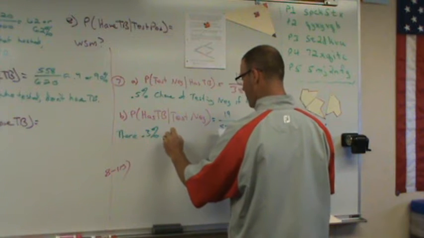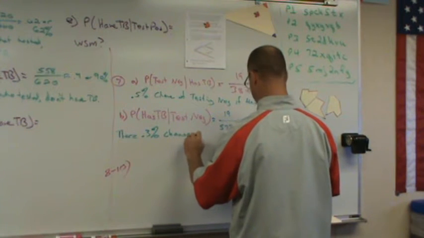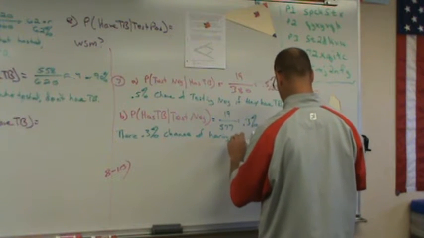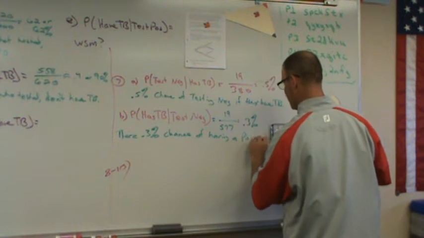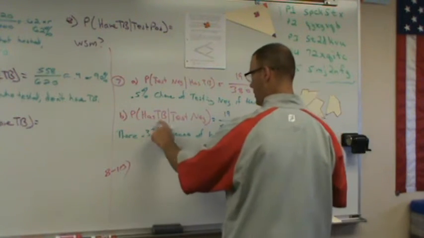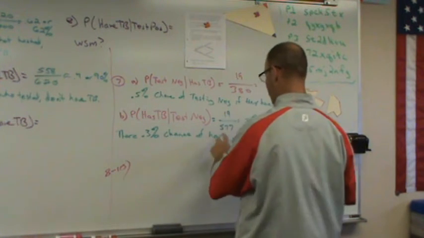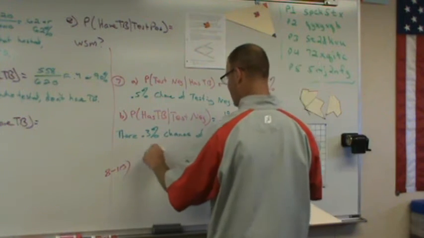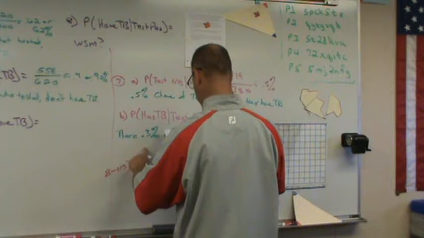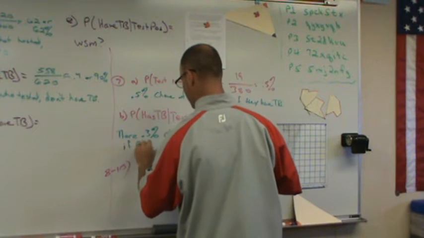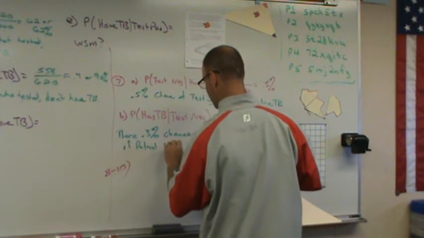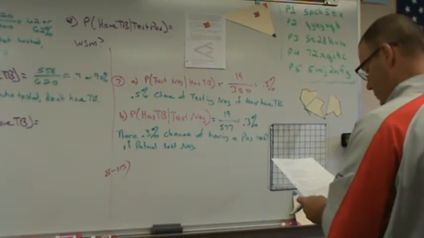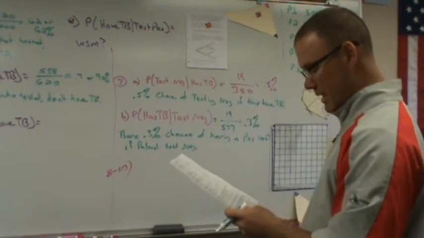There is a 0.3% chance of having TB if the patient tests negative. And then you do need to answer questions 8, 9, and 10.